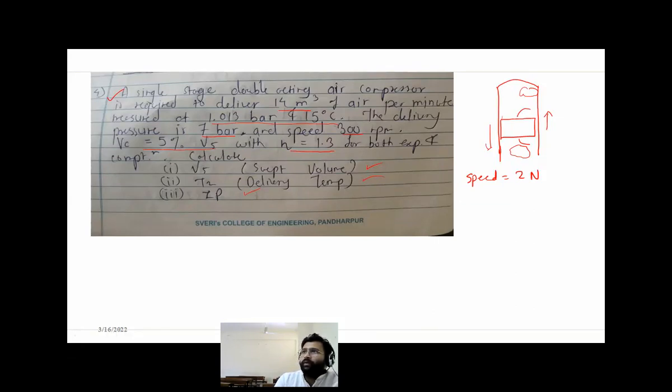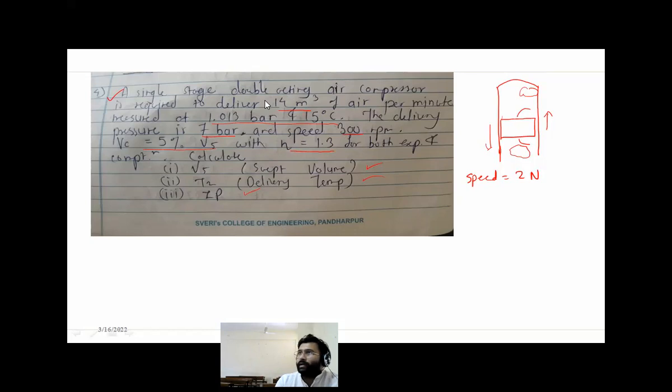So I'll read it for you. A single stage double acting air compressor is required to deliver 14 meter cube of air per minute, measured at 1.03 bar and 15 degrees Celsius. The delivery pressure is 7 bar and speed is 300 RPM. So it is a single stage, not multi-stage, but it is double acting.